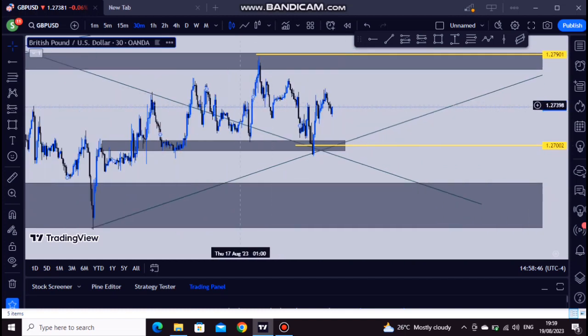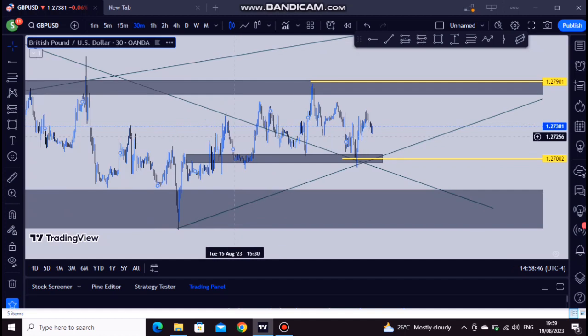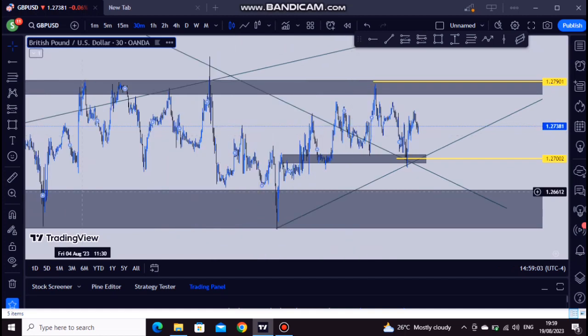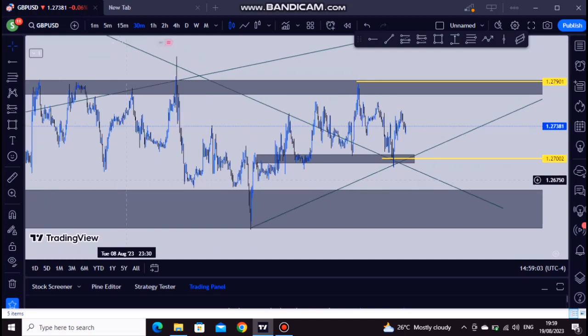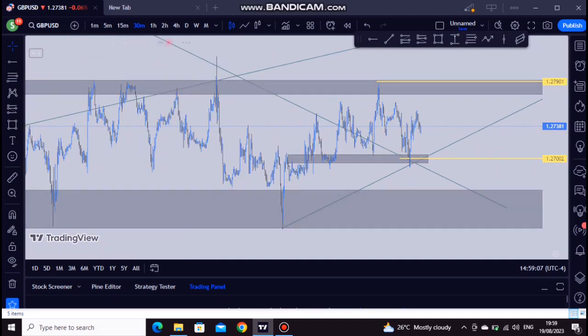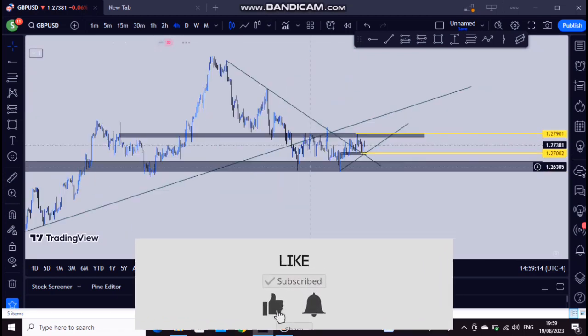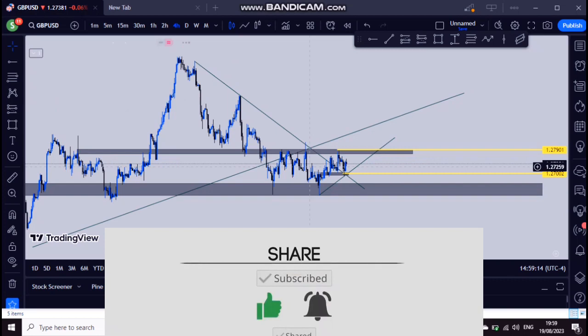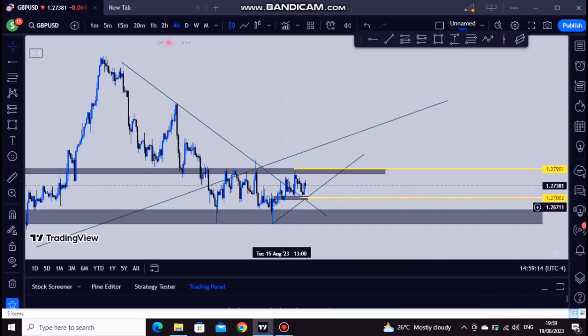For us to sell at this point, we should wait for a break below here.